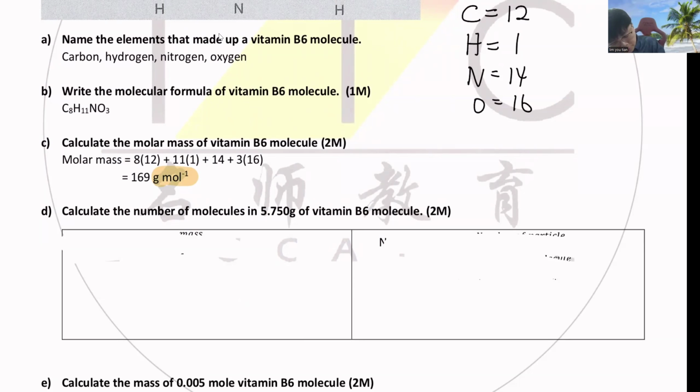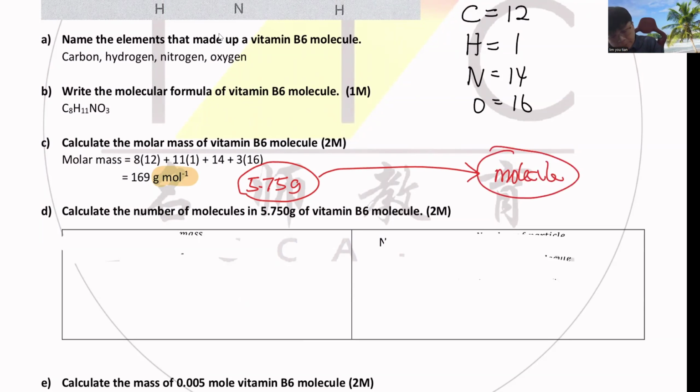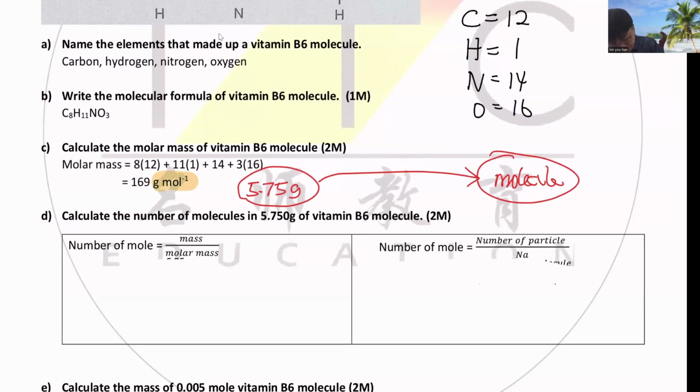Okay, can you try this question? It's a very similar question. Now they have 5.75 gram, and want to convert to how many molecules. Same, this is the mass formula, this is the particle formula.